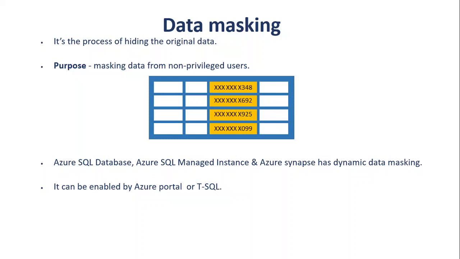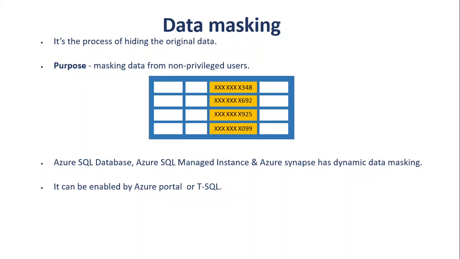Data masking is more about access control, and data encryption is more about securing your data from the outside world. This is more like we don't want to give access to non-privileged users, and it is only available in Azure SQL Database, SQL Managed Instance, and Azure Synapse Analytics, with the setting called dynamic data masking.